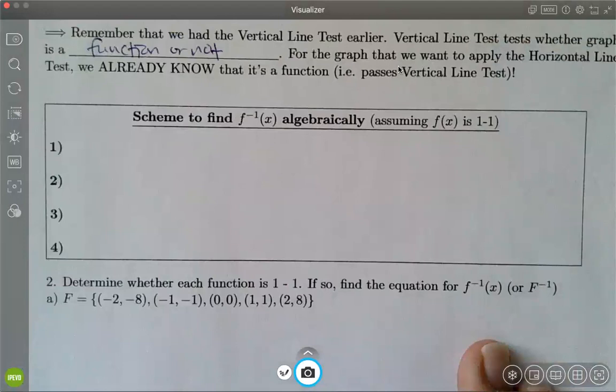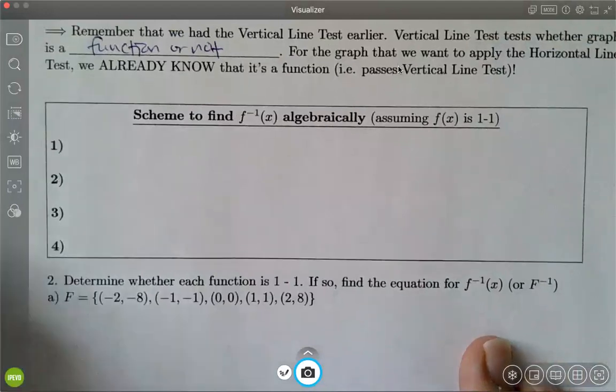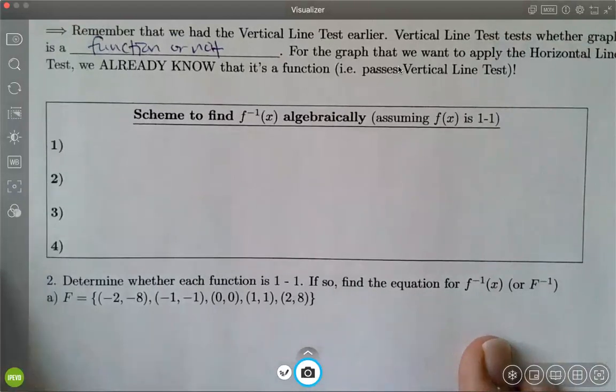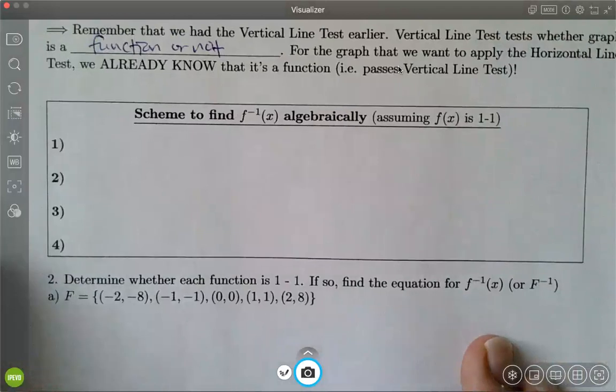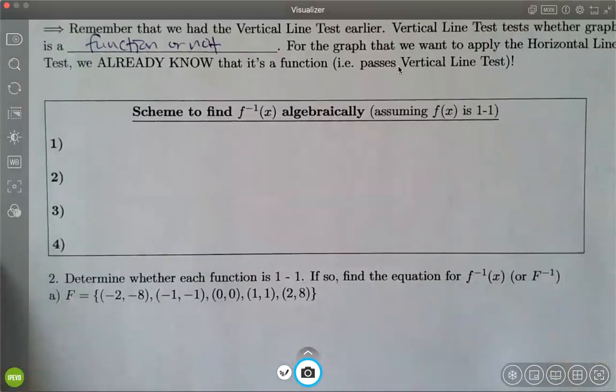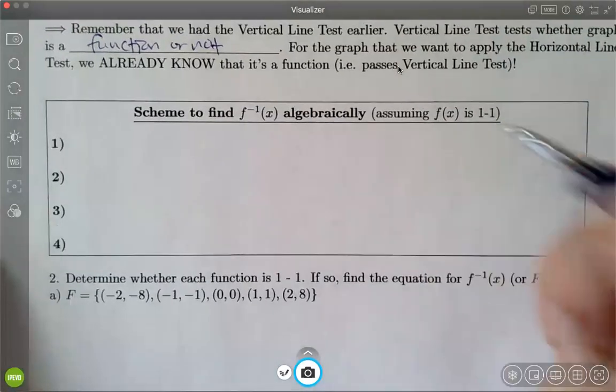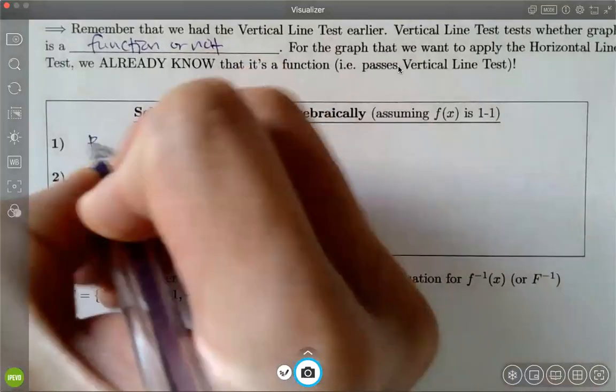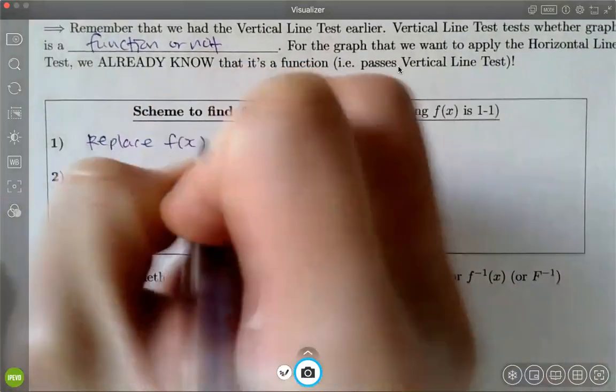You can try it on your cousin or maybe your kids, but it's really basic. Only one of them is not so basic. So, step number 1, there will be the f of x notation, so you just simply have to replace f of x by y.